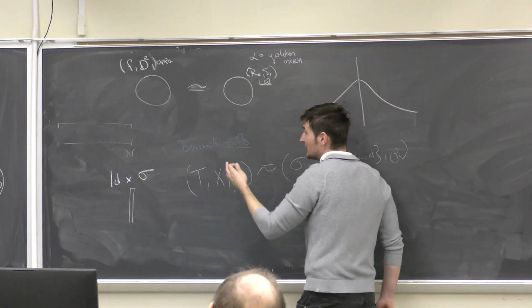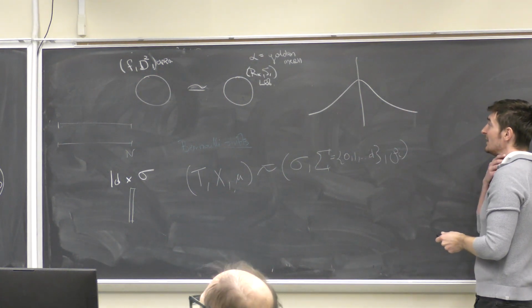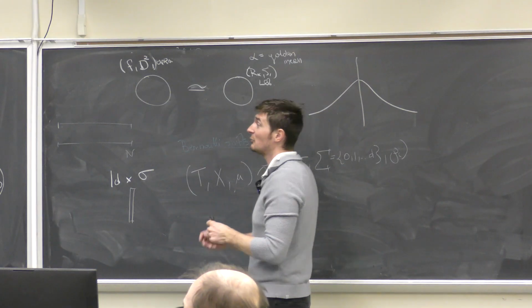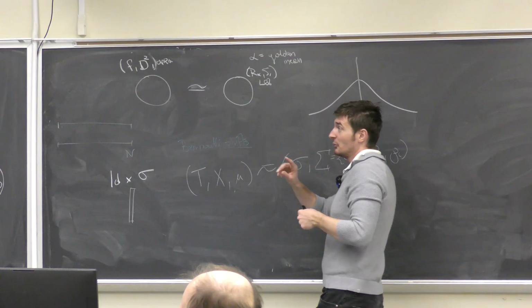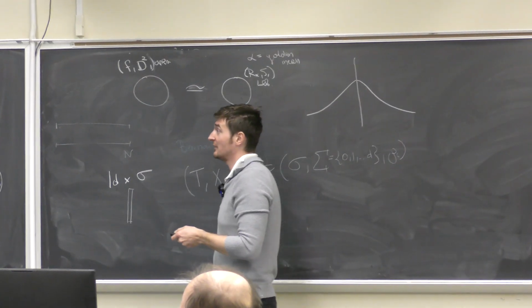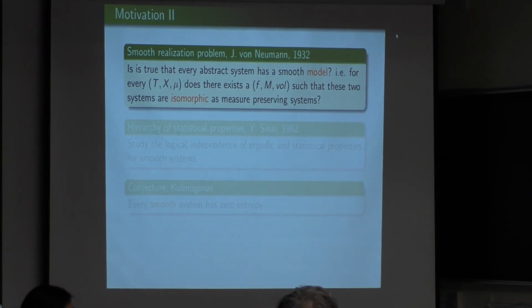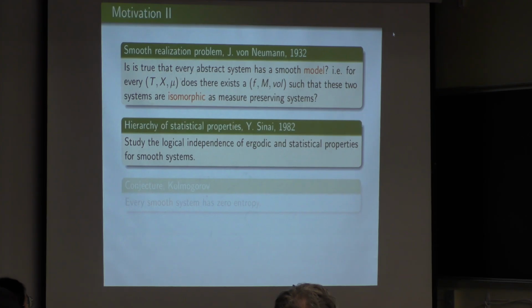If this is Euclidean, you can do it, but generally it's open. And for many other simple abstract systems, like the odometer, the adding machine, the 2-odometer, we don't know if it has a smooth model, that is, a smooth map that behaves like the odometer. Yeah, this is the motivation.